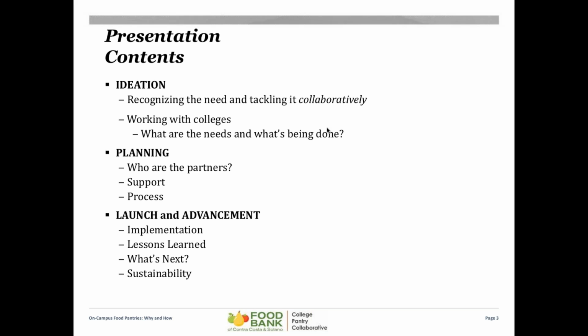The next stage we moved into was planning, obtaining partner commitment, foundation support for planning, and conducting a collaborative business planning process. And finally, the launch and the advancement of the initiative, implementing the business plan, reflecting on the lessons learned, starting to think about future development and plans, and from the get-go and continuing focusing on the sustainability of the initiative. Next slide.